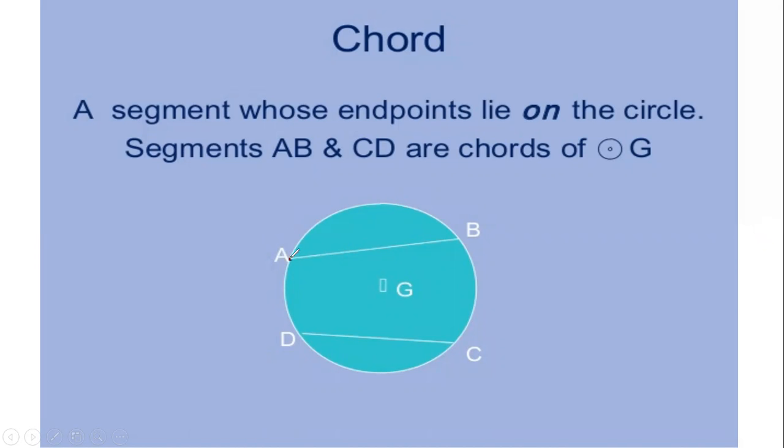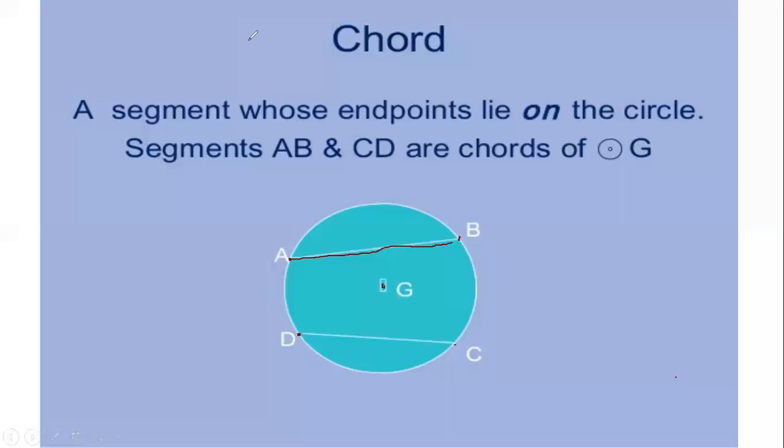For example, you can see the endpoints A and B for this chord along the circle, but the chord doesn't necessarily pass through the center of the circle, because the center is here. So the line AB and also the line DC are what we call chords for this circle.